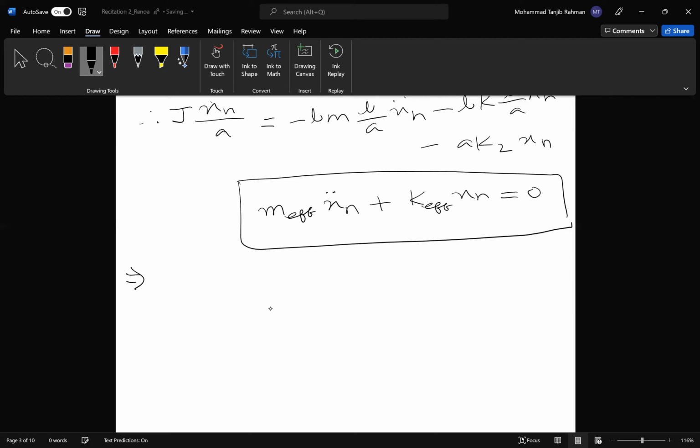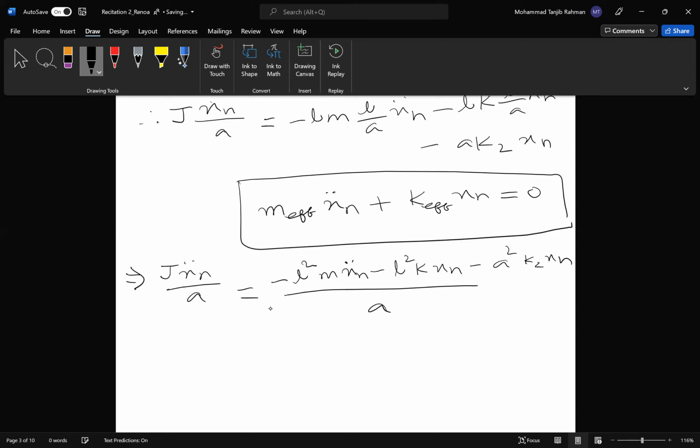So I'm going to simplify it. J x double dot n by a here minus b square m x double dot n minus b square k xn minus a square k2 xn.